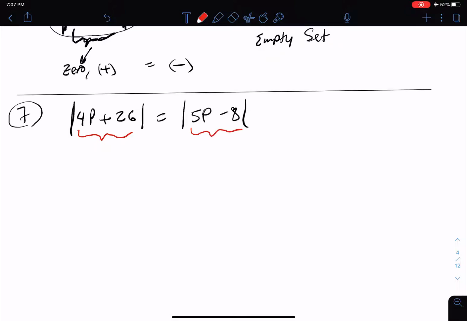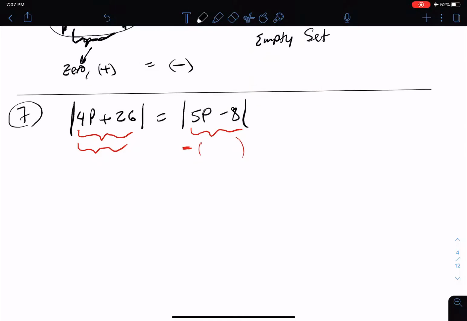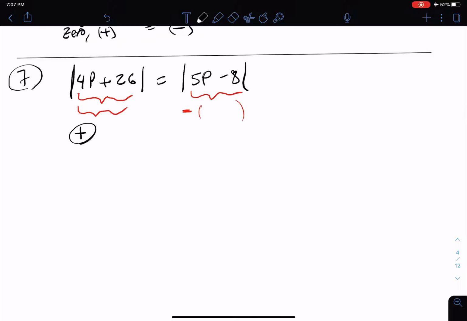But when this stuff in red equals the opposite of this stuff in red, I also get an answer because of those absolute values. So you still have the positive and negative case going on there. So let's go ahead and break this down into an equivalent statement that I can actually solve, because when we have absolute value bars, it's really complicated to solve. You end up getting usually one correct answer and the other one wrong.